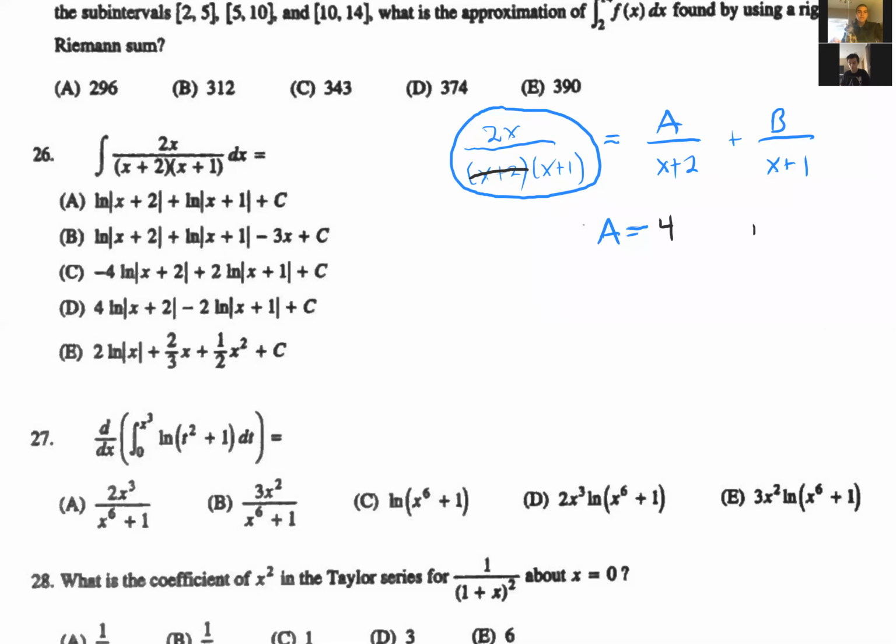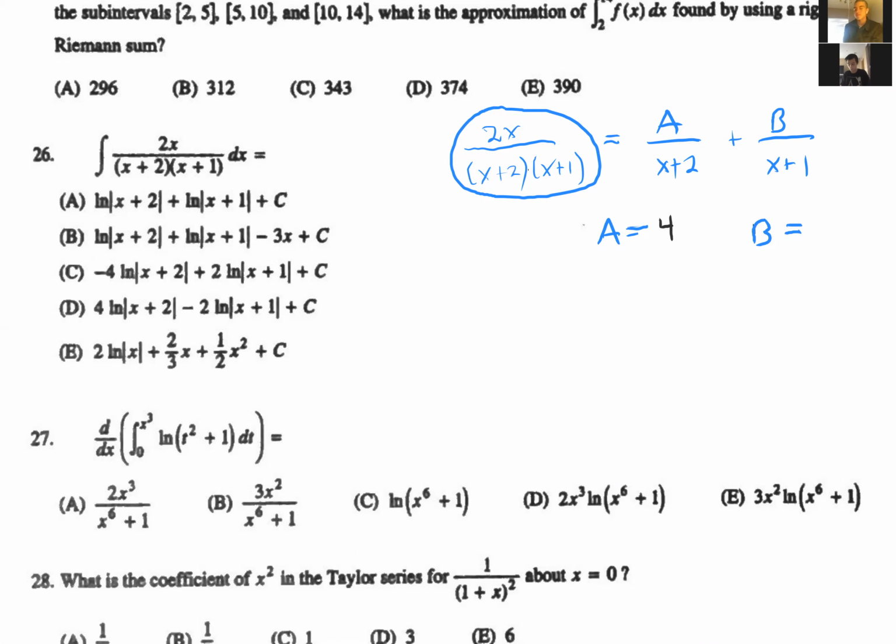If you want to solve for b, what number would make the denominator under b 0? -1.